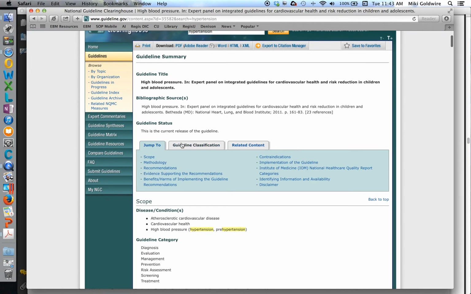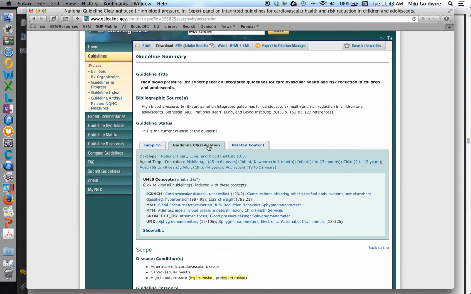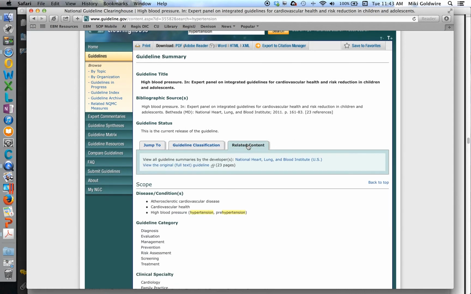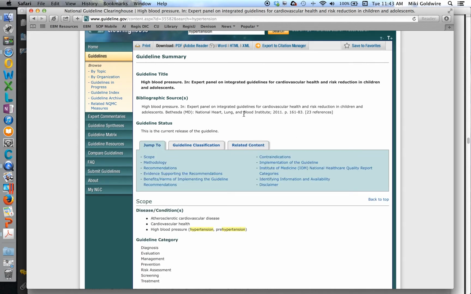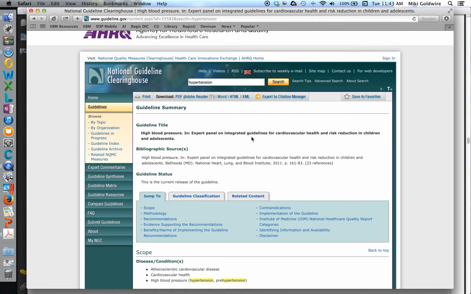I also have a tab on guideline classification and related content. So again, the National Guideline Clearinghouse provides a brief summary of the guidelines. It will give you a link to the full text, but it is not a full text version of a guideline.